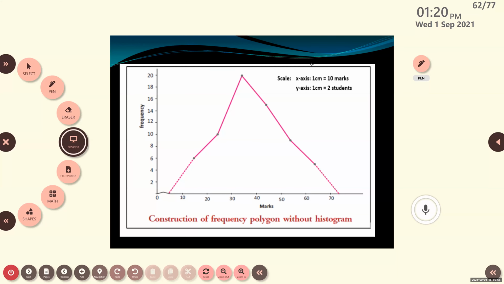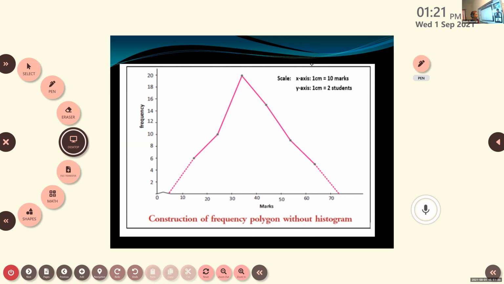Sanam, you got the difference? You didn't get it? It was not clear. So what about once more, one person can repeat. Abhilash, can you repeat what is the difference between frequency curve and frequency polygon? One minute. Sanam, were you there in the class when I discussed frequency polygon?